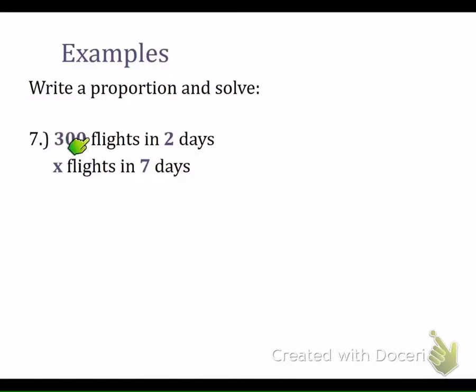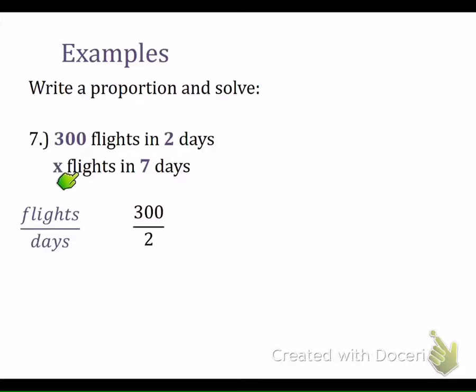So I'm going to put flights over days. That's going to equal, I have to write the second one in the same way, flights over days. Okay? So in the first sentence, I got the 300 and the 2. Flights over days. So what needs to go on the top of my second ratio?